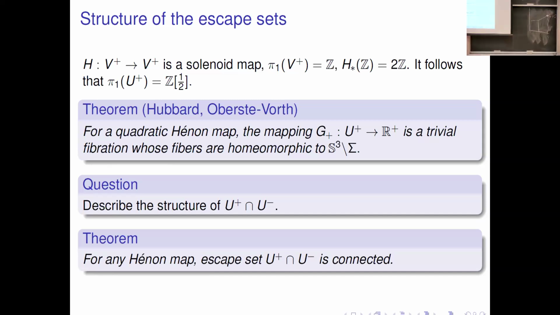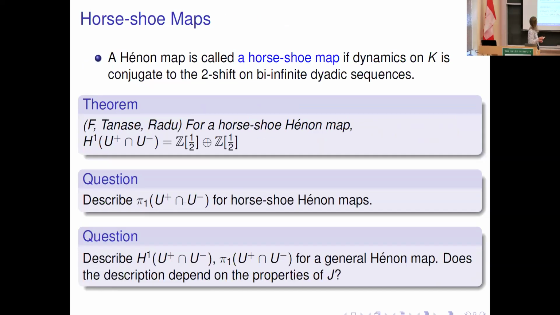Or I can just say that the intersection does not cross the boundary. So it has to be bounded. Questions? Okay, so I hope I convinced you. So it's always connected.